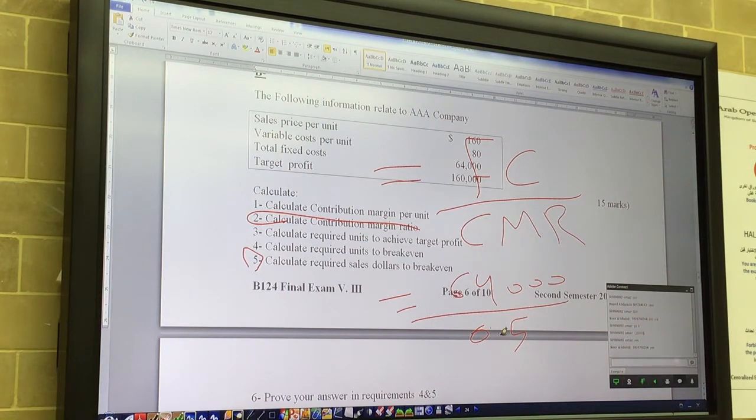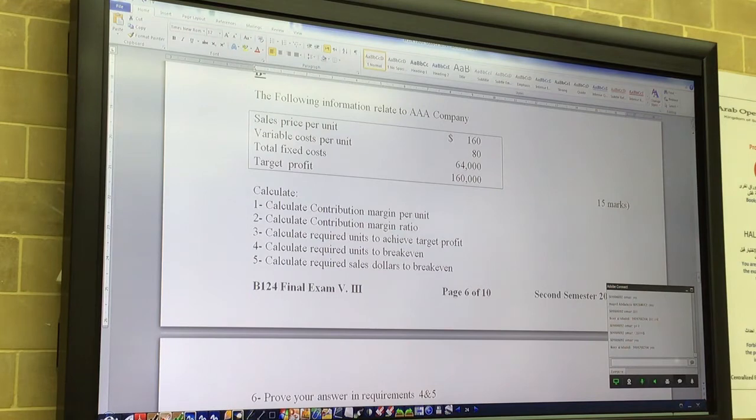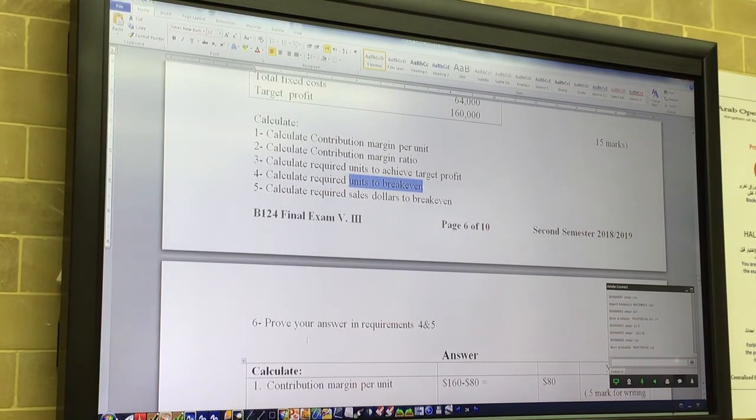Okay, so for the last requirement, number 6, he asks you to prove your answers in requirements 4 and 5. This means preparing the contribution margin income statement.